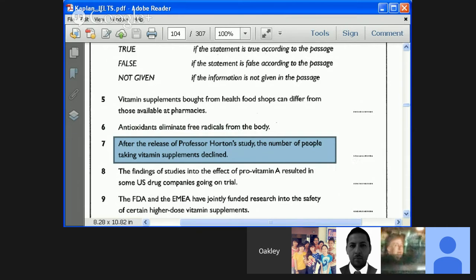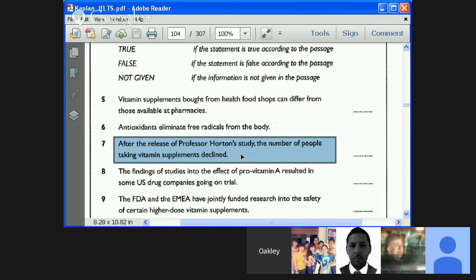Okay, Carlos, give a try here. After the release of Professor Harton's study, the number of people taking vitamin supplements declined. So rewording this into a question, if the answer is yes, it will be true.